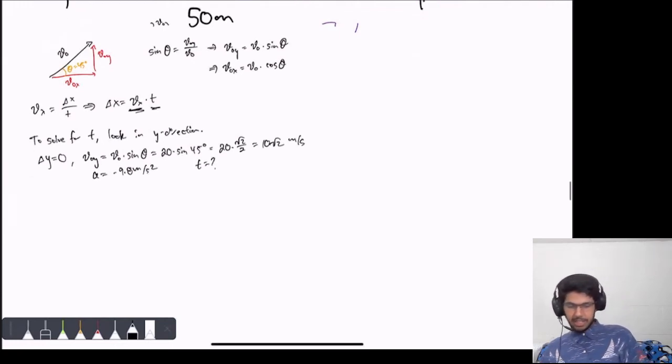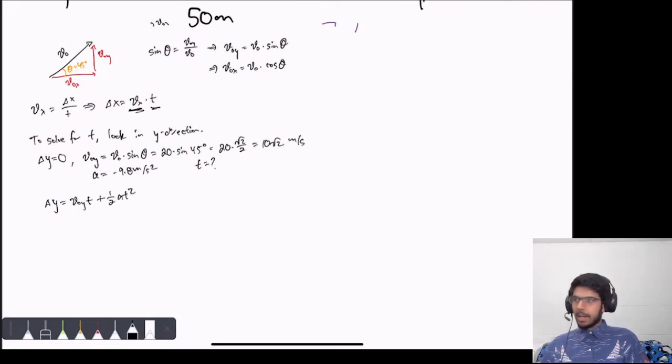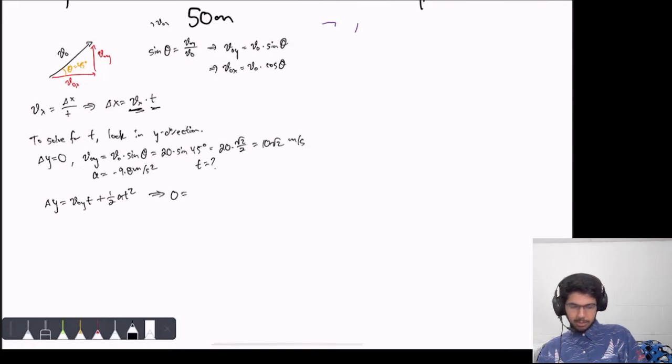So we'll use the kinematic equation we used last time, delta y equals v naught y t plus 1/2 a t squared. And now we can start solving for t. 0 equals 10 root 2 t plus 1/2 negative 9.8 t squared.